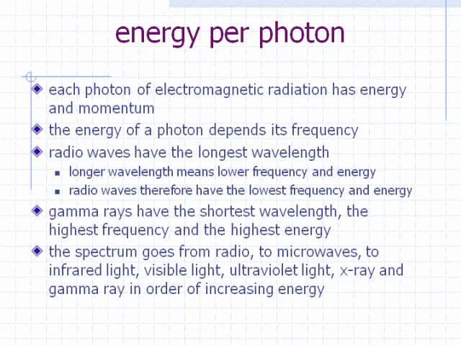And again, because light is composed of individual particles, individual photons, the frequency of the light actually determines how much energy it has. So radio waves have the longest wavelength. They're going to have the lowest frequency. Therefore, radio waves barely have any energy at all in their photons.